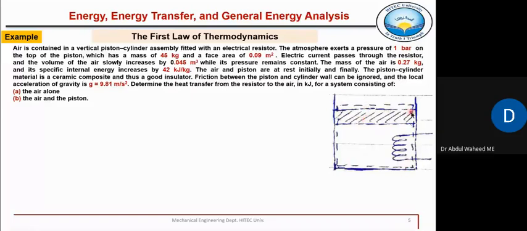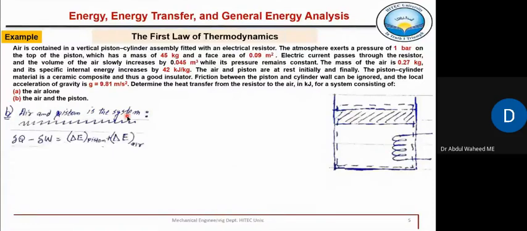This is again a control mass undergoing a process, right? And this side of the boundary is movable, and inside the boundary now we have two things. One is piston, other is air. This electric resistance wire is still outside the boundary, but we are getting heat from the surroundings, because this W electrical energy is converted into heat, right? So now air and piston both are the systems.